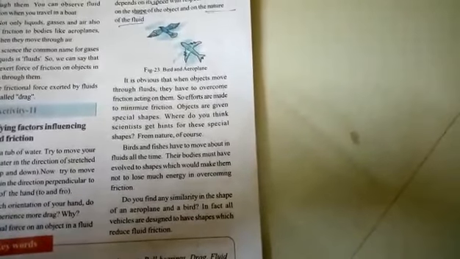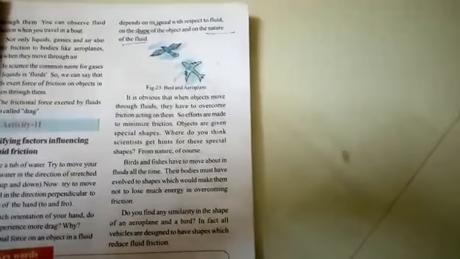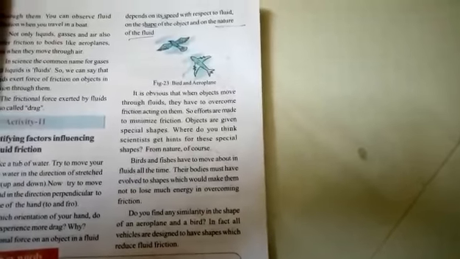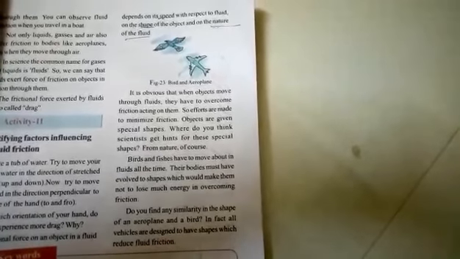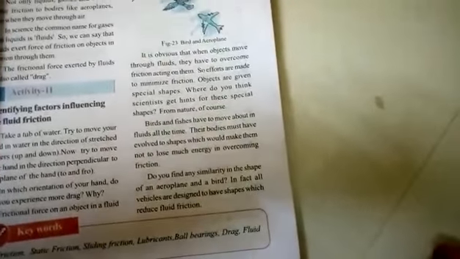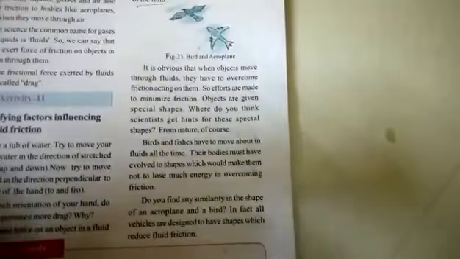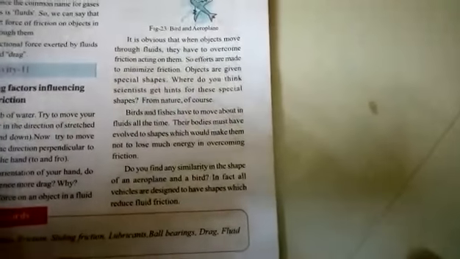Like fishes in water, they have fins to move, which resist the water moving in the front direction. This is how aeroplanes, birds and fishes have different shapes in order to move in water or in the air. Okay, this is about fluid friction.